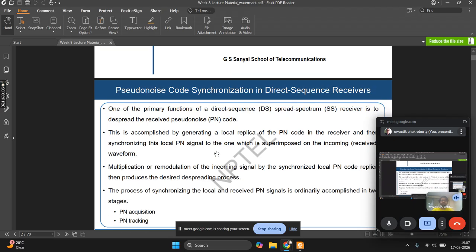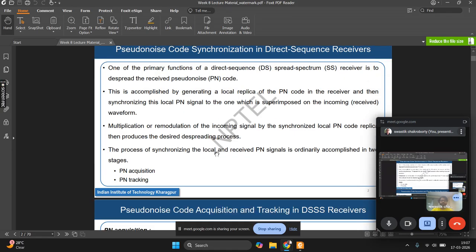So this is accomplished by generating a local replica of the PN code in the receiver and then synchronizing this local PN signal to the one which is superimposed on the incoming waveform. So we have to generate a local replica of the PN code in the receiver, and that is where the synchronization comes in.